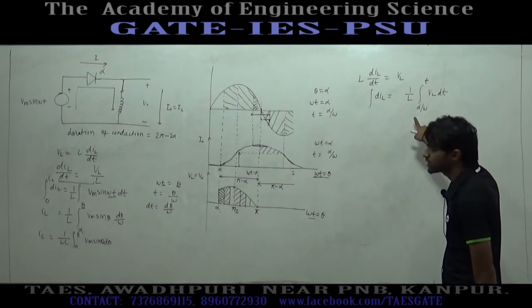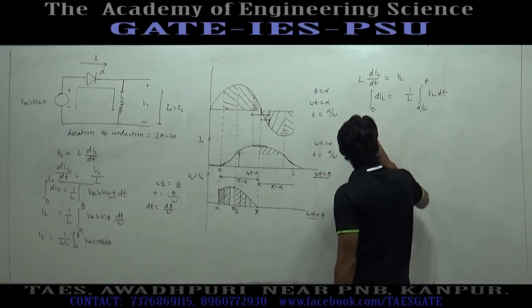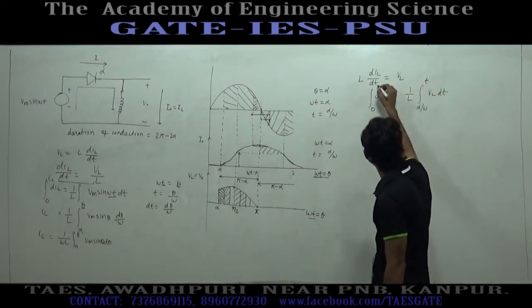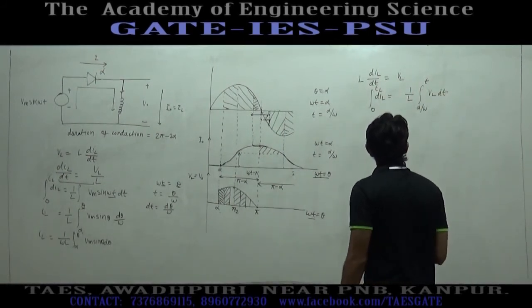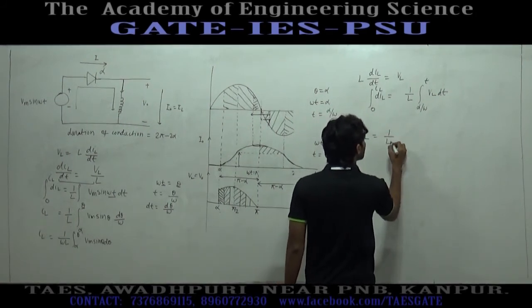At theta equal to alpha, corresponding to time equal to alpha by omega, current is 0, and at any time t, let us say the current is inductor current IL.